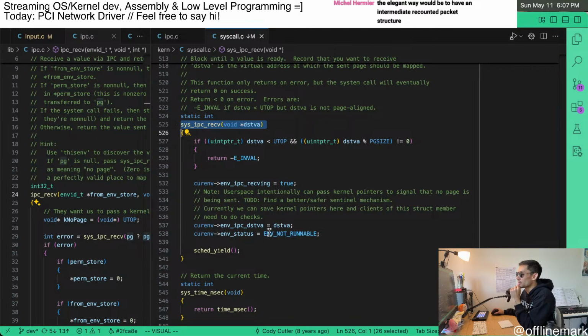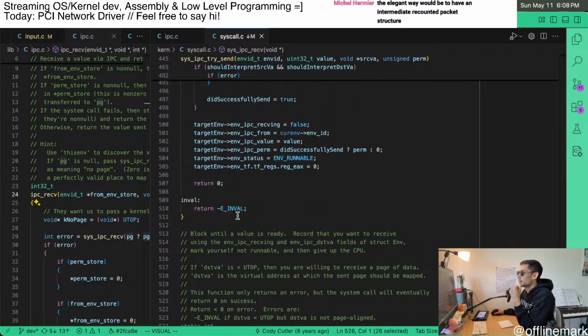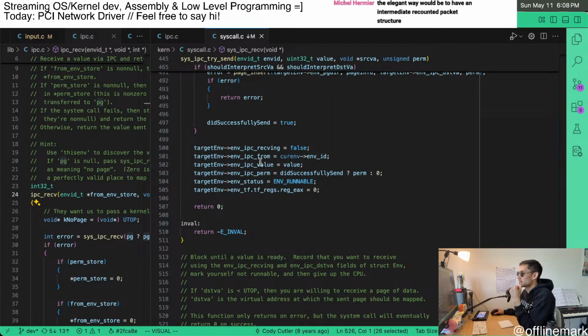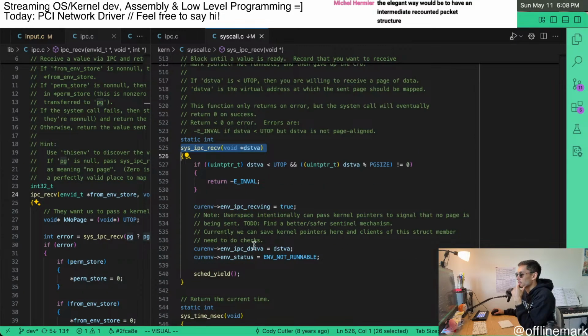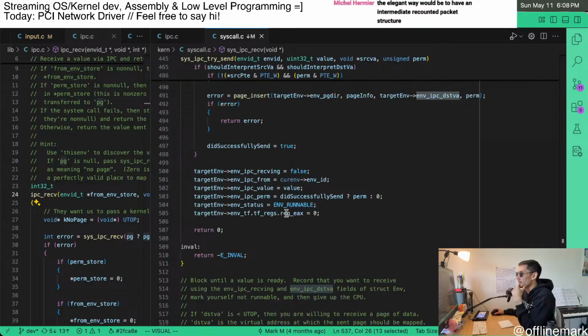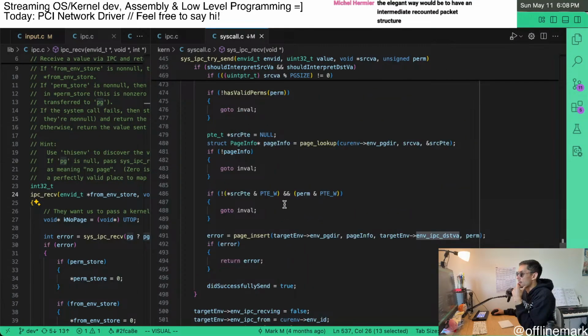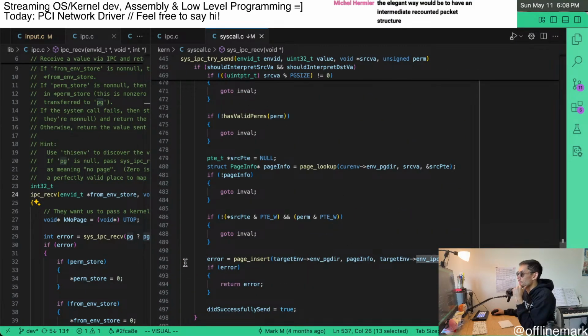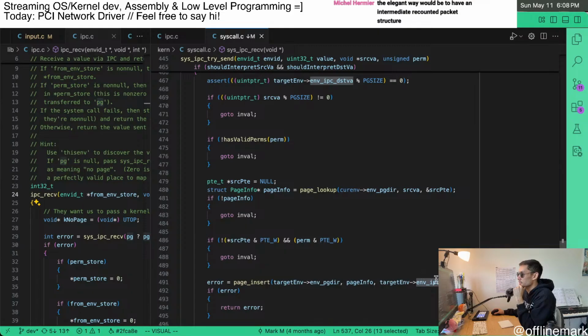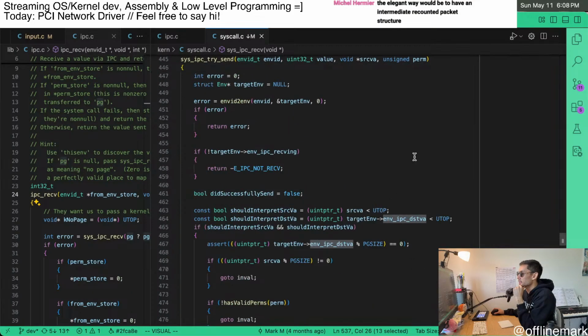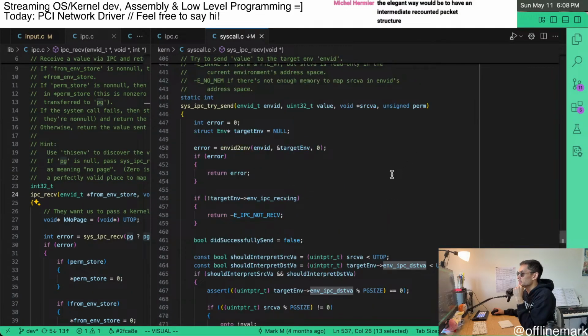We store the address, and then we mark ourselves as unrunnable. Okay, then the other side of this. Who is using this dest VA thing? Here, specifically here.